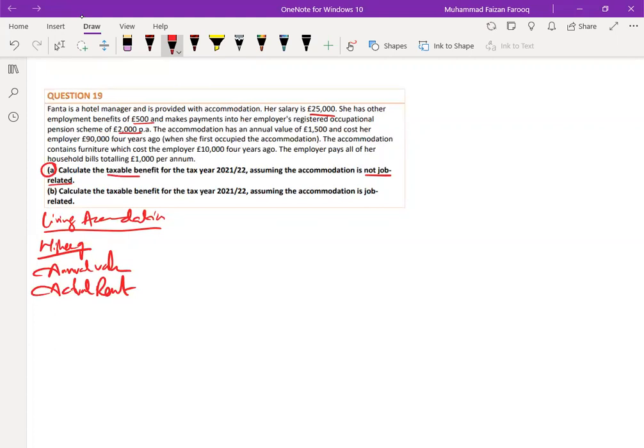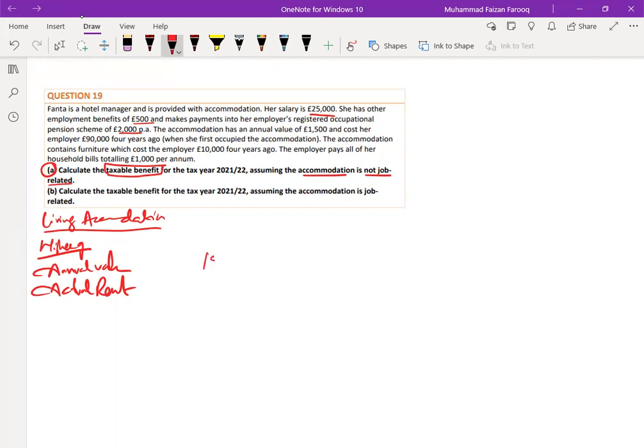Here they are not asking you employment income. Very carefully, please. They are asking you the taxable benefit of accommodation. So you are only required to calculate accommodation and related benefits of accommodation only. No need to consider salary, no need to consider occupational pension, no need to consider other benefits. Only focus on accommodation benefit.